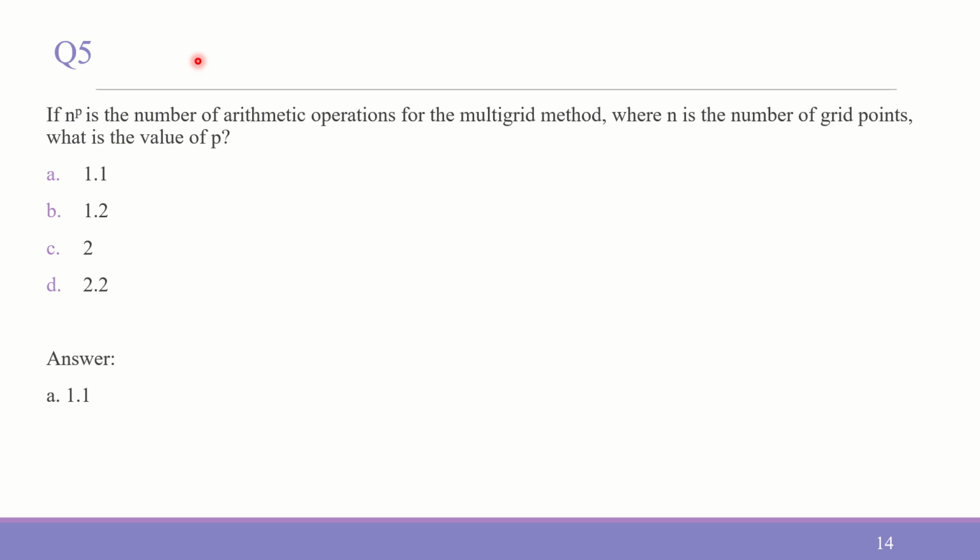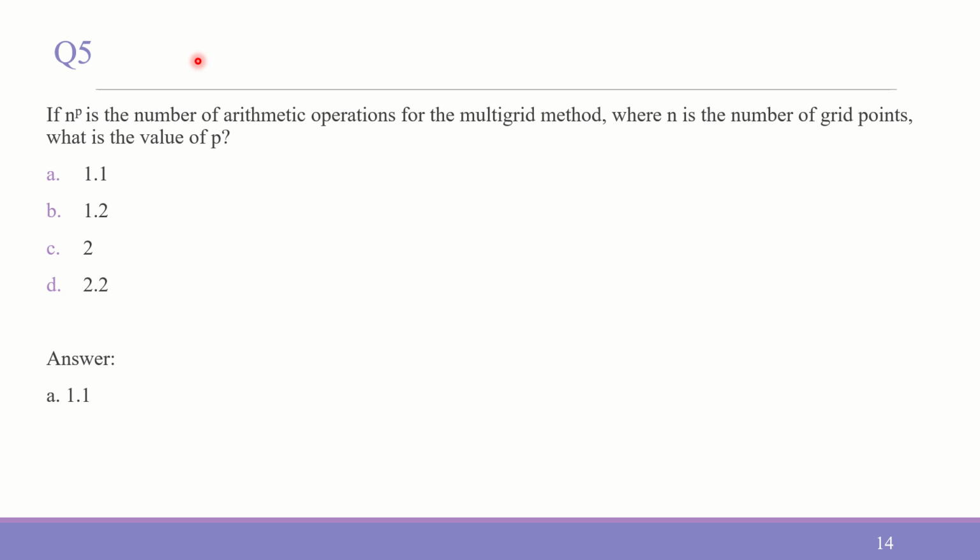The number of arithmetic operations only helps us estimate the computational power requirement. So if it is low, it is better. The lower, the better. Here for the multigrid method, we are using multiple grids for the same solution, and we are performing 10 iterations in each of the grids.